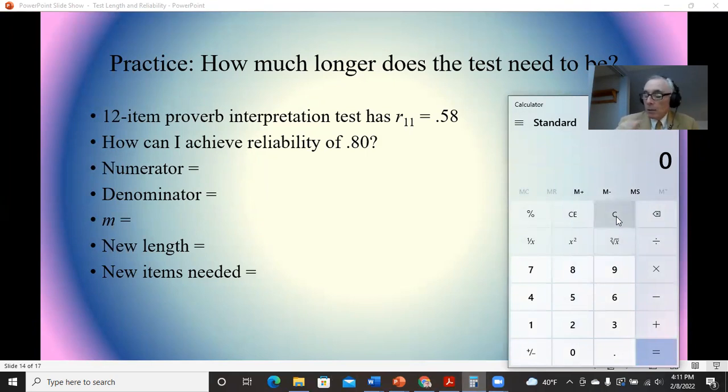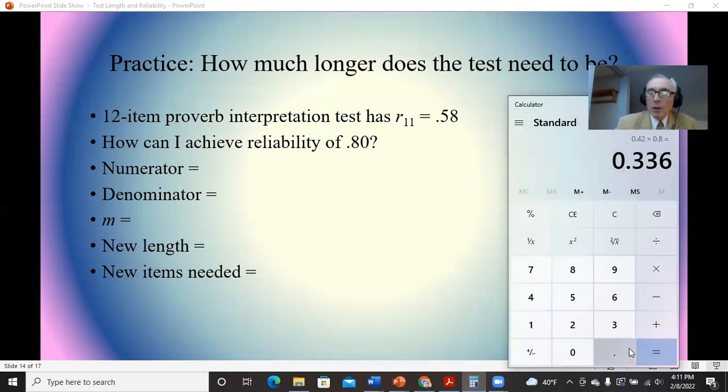So we know that in the numerator, we're going to have 0.8 times 1 minus 0.58. So 1 minus 0.58 would be 0.42, surprise, surprise, and we'll multiply that times 0.8, and the numerator will be 0.336. You have to remember that one now, or have it written down.